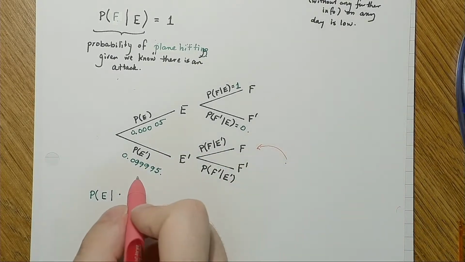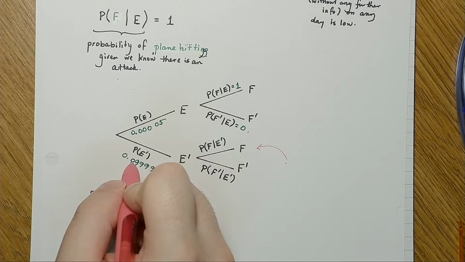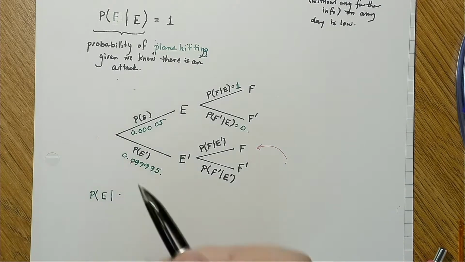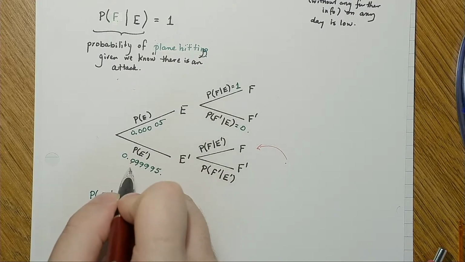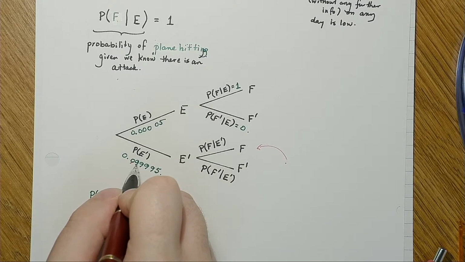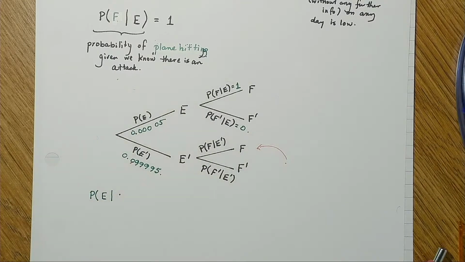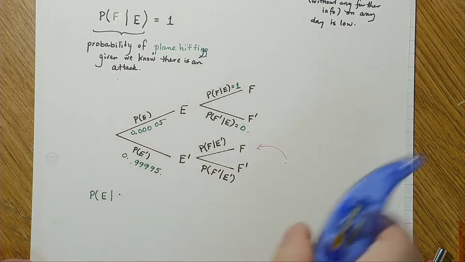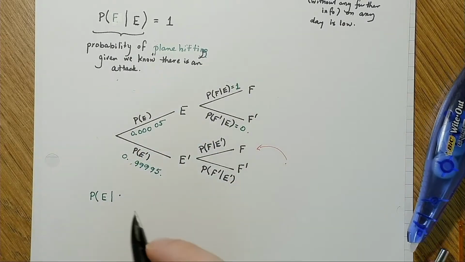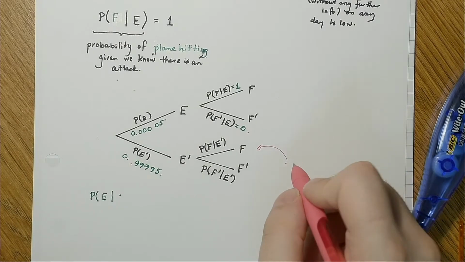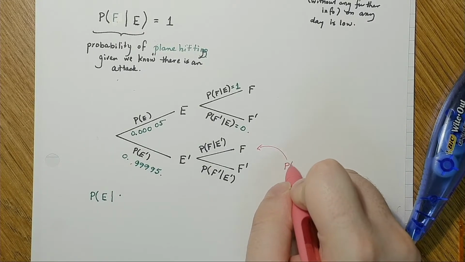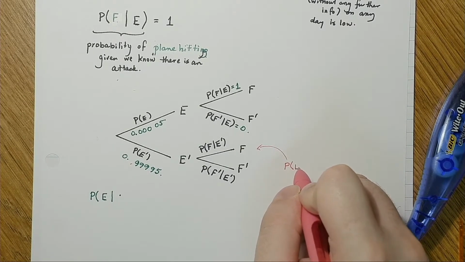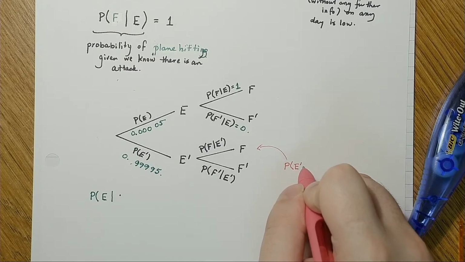Oh, sorry, over here should be 1. Oh yes, okay, there we go. Let me just clean that up. So over here, let's look at the probability of E prime and F.